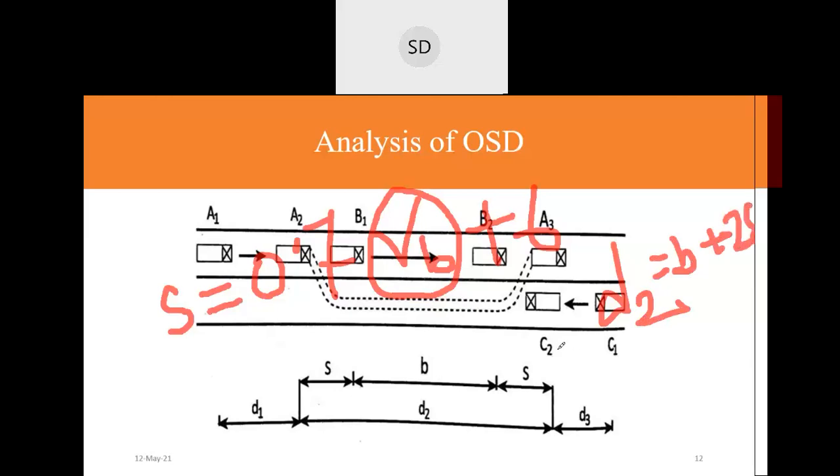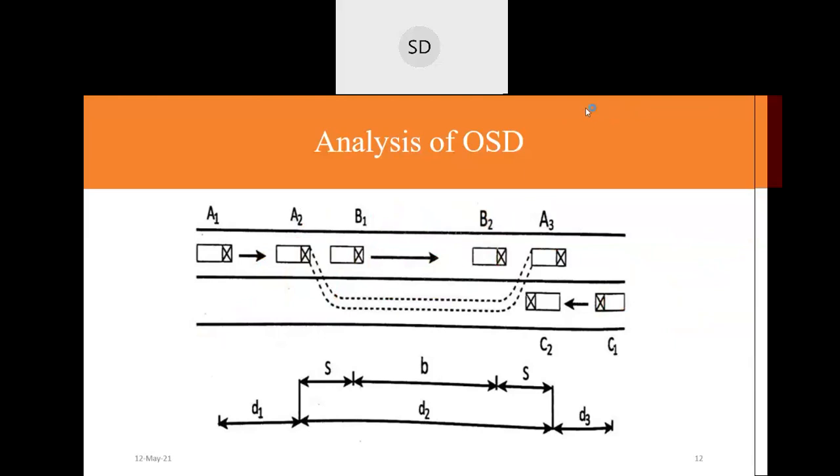Now you know what the value of S is. Another thing: initially the speed of vehicle A at the A2 position was VB, its reduced speed.